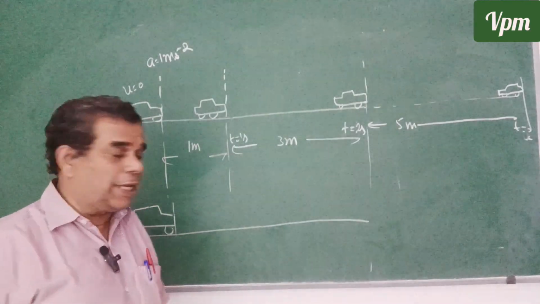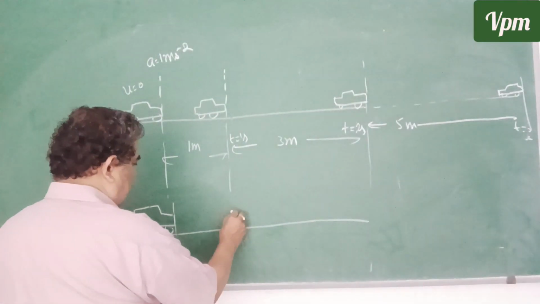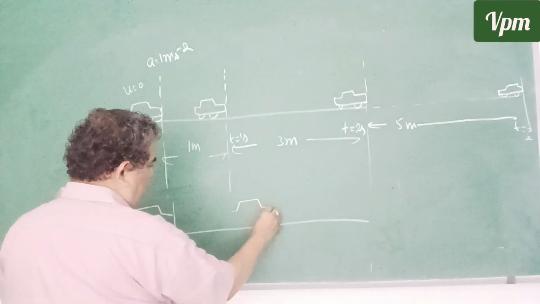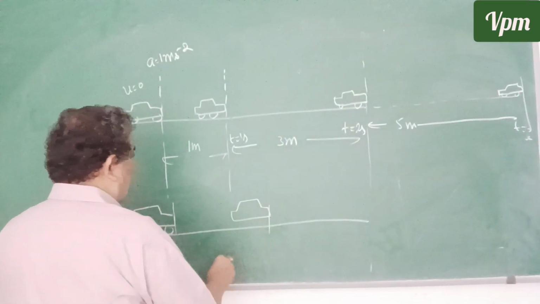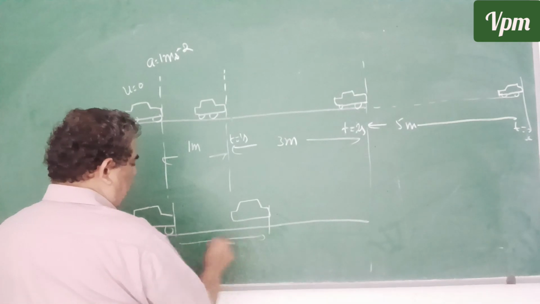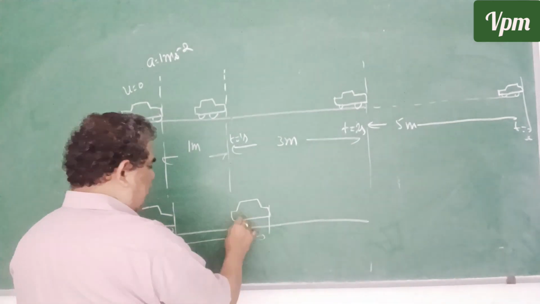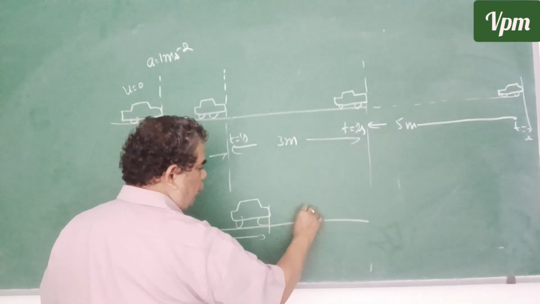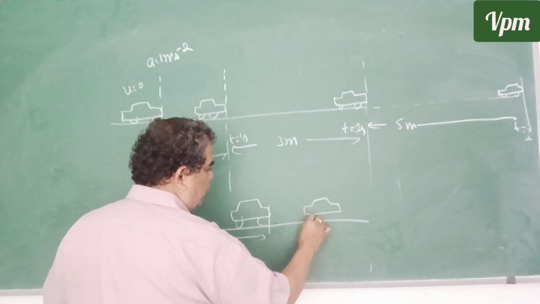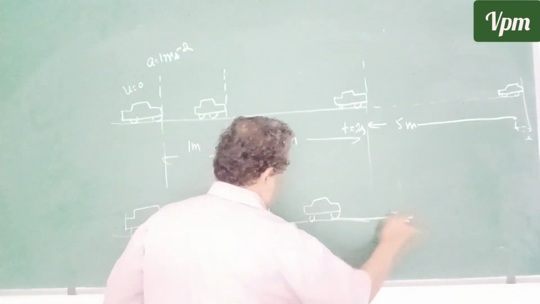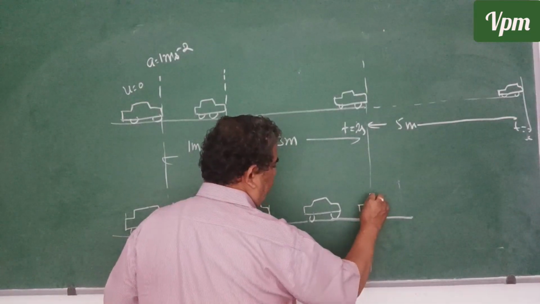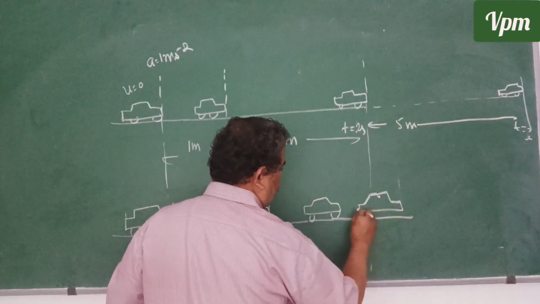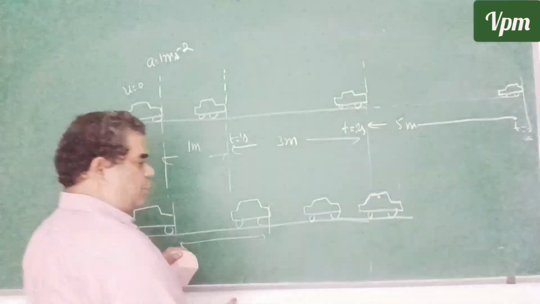Without any scale, I simply write that in the first second, it might have traveled a large distance. In the second, it might have traveled a small distance. In the third second, even still smaller, like this.